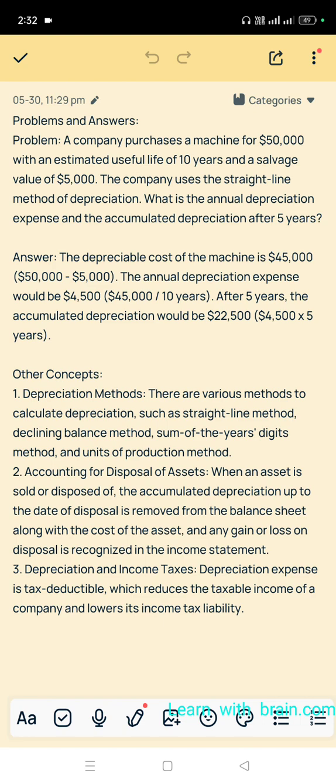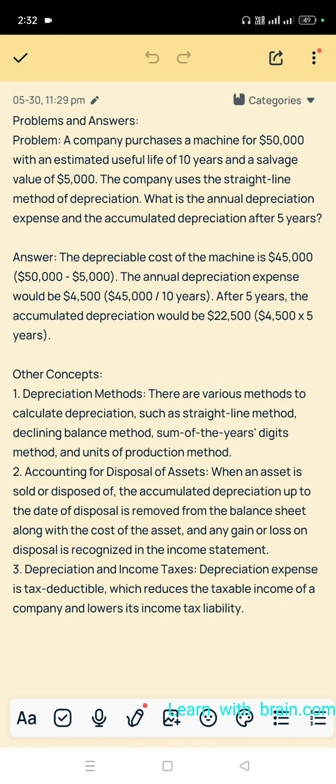Then only the balance sheet shows the real value.